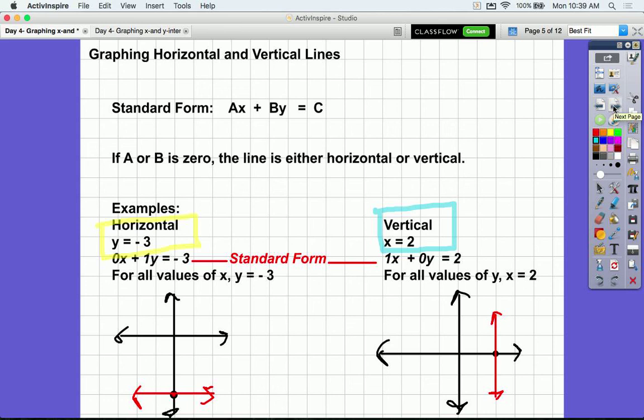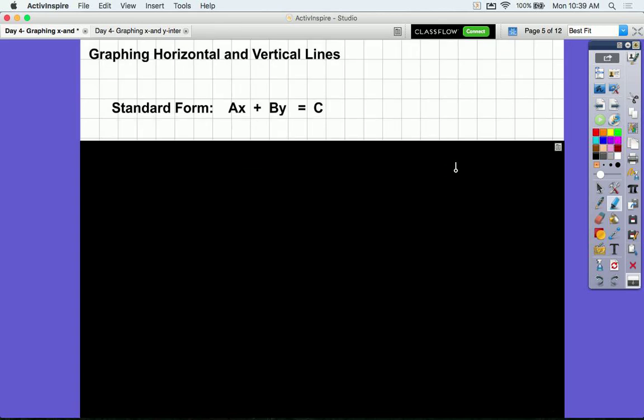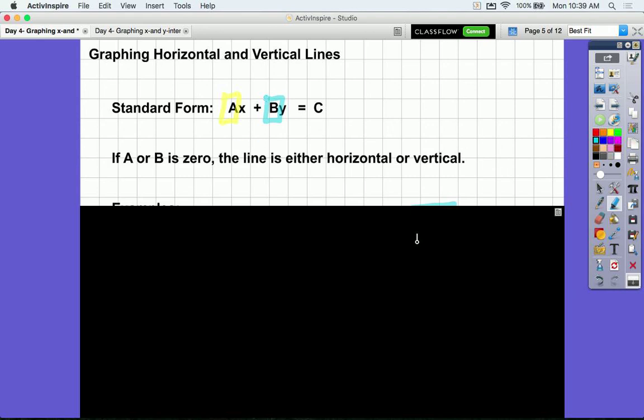So we're into graphing horizontal and vertical lines, like we've been talking about all along. We're looking at standard form, ax plus by equals c. We know that if that coefficient of x is 0, that a is 0, the line is going to be either horizontal or vertical.